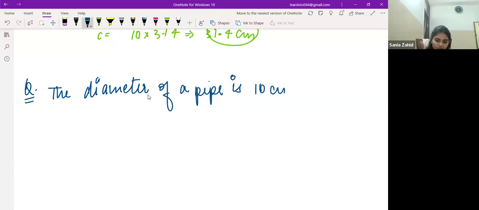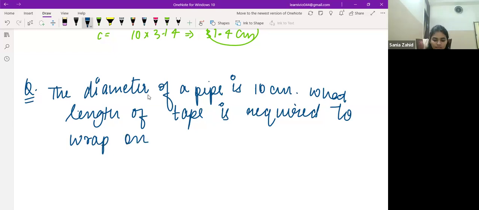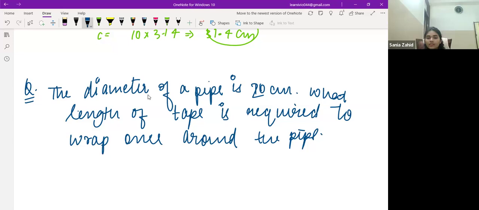What length of tape is required to wrap once around the pipe? Let's take diameter 20, not 10.